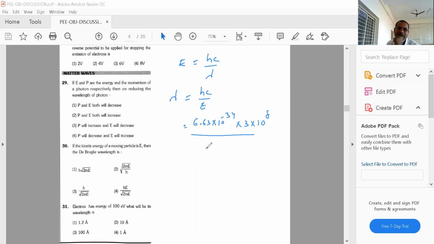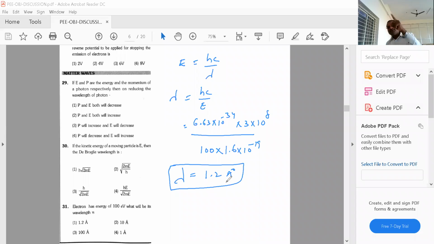Energy is 100 electron volt. 1 electron volt is equal to 1.6 into 10 to the power of minus 19 joules. If you calculate this, you will get 1.2 angstrom approximately. You get the answer this way too, but the previous method gives you the shortcut. Clear? Important point, remember. So option 1 is the right answer. Got it?